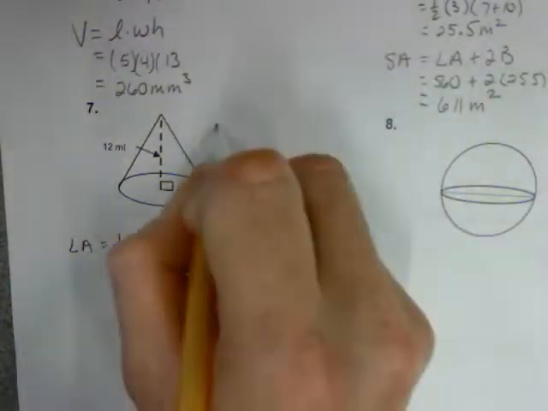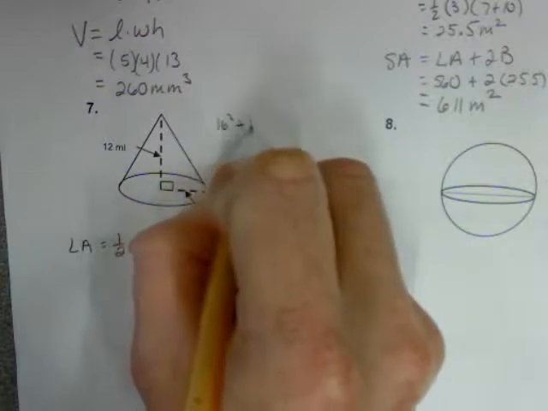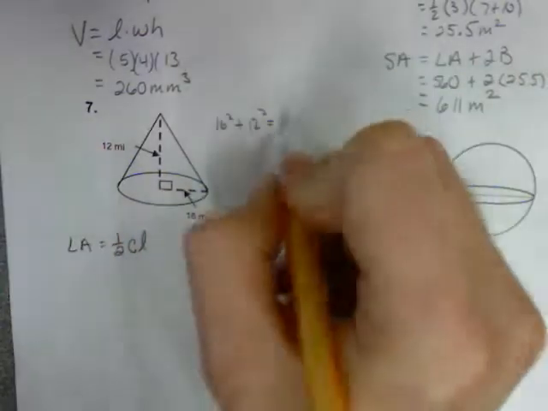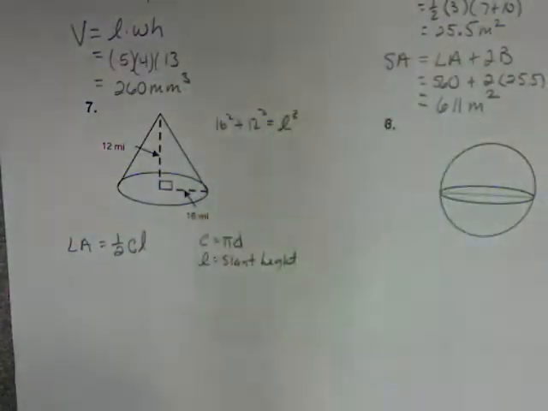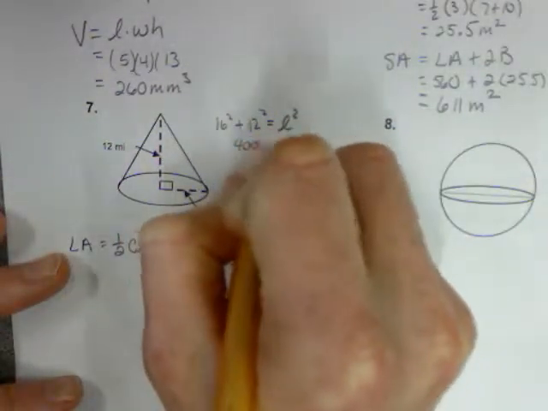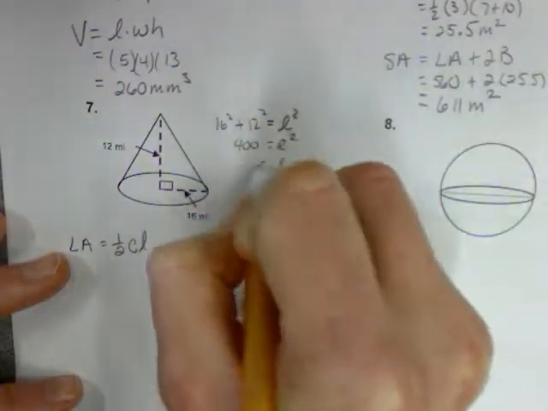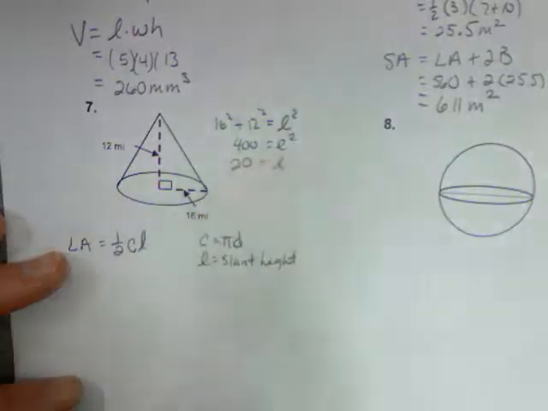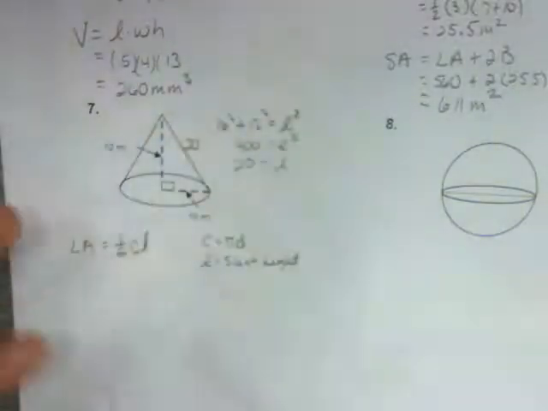So we can set up 16 squared plus 12 squared is equal to the slant height squared. When you solve that, you will get 400 equals slant height squared, so slant height is 20. So we can put 20 on our diagram.